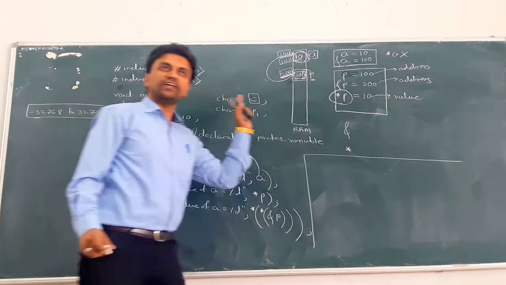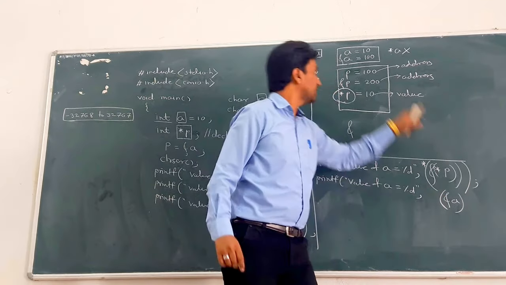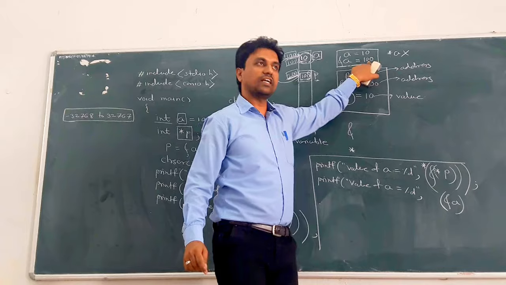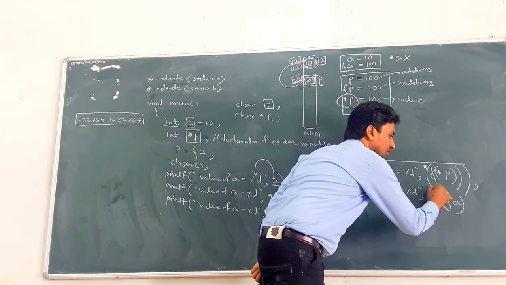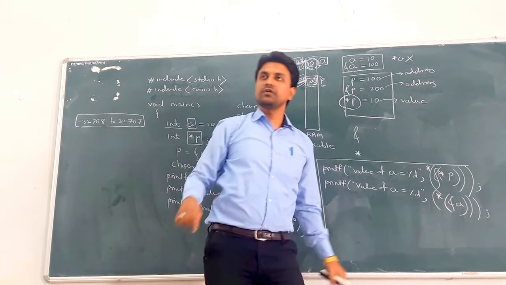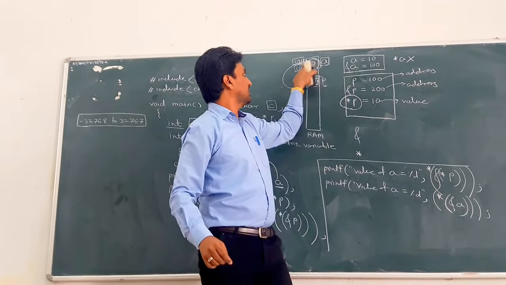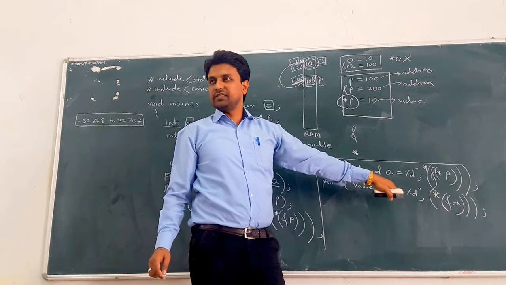Now using a, how can we access it? Suppose ampersand of a means what? Address of a. What does address of a give you? 100. And that address location's value. So what does it give you? Address of a means 100, and the value at address 100 is again 10.